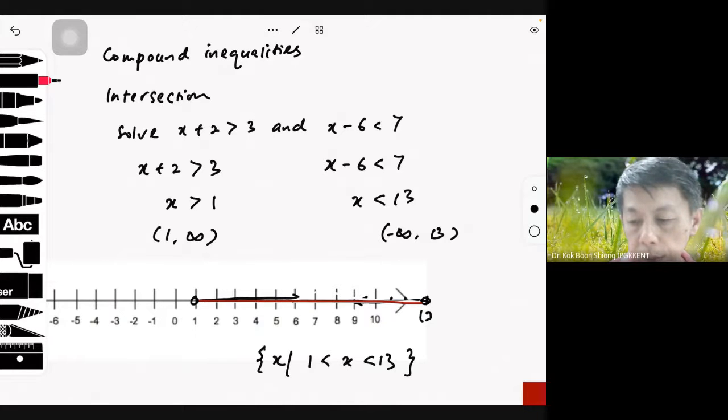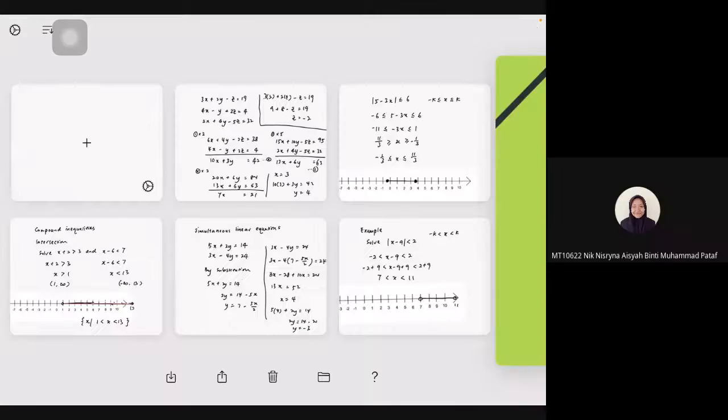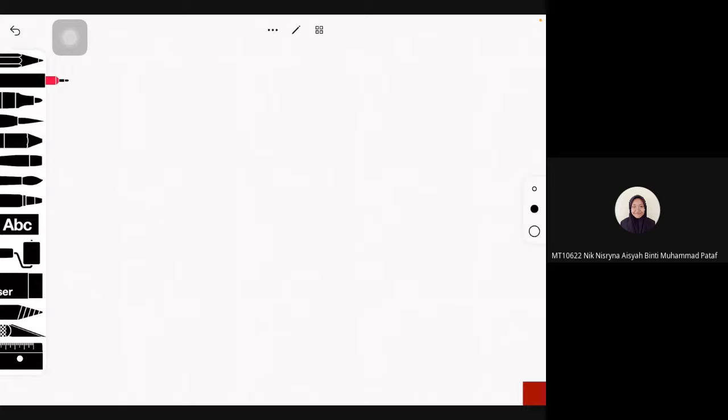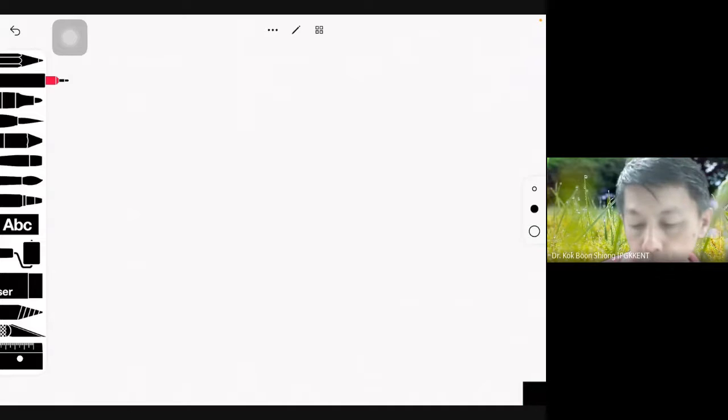Okay, another example. Can we move on? Any questions? If you have any questions, please ask. Okay, union. So union is actually "or".